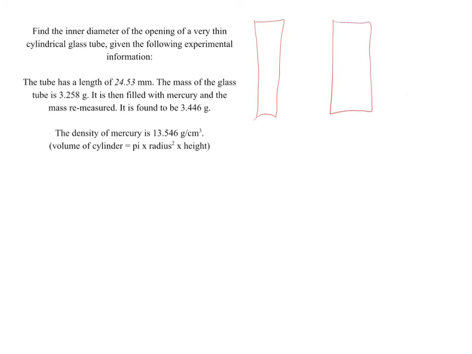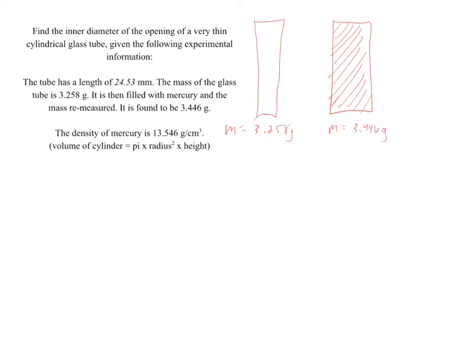So we start with an empty cylinder on the left here, and its mass is 3.258 grams. It is then filled with mercury, and the mass is remeasured and found to be 3.446 grams.